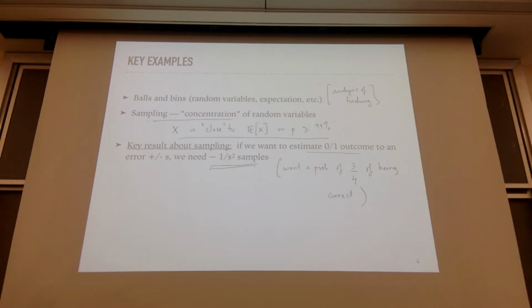So this was a consequence of the calculation last time, but I didn't explicitly state it. But I like this way of seeing it because it gives you this clean dependence between the error and the number of samples you need.